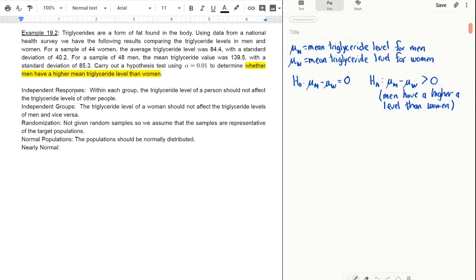We can use the central limit theorem if our sample sizes are large enough. We have a sample of 44 women and 48 men, which are both greater than 30, so we can assume that this condition is met.